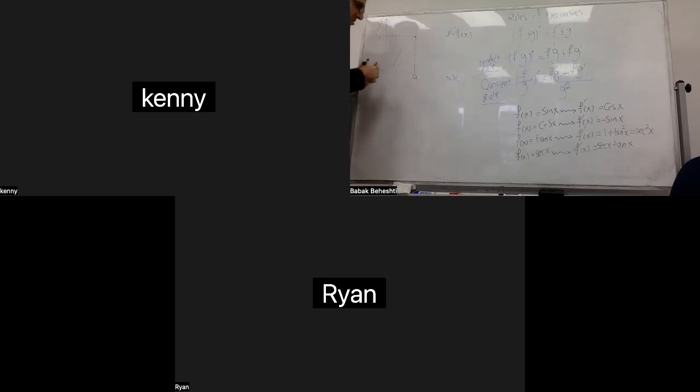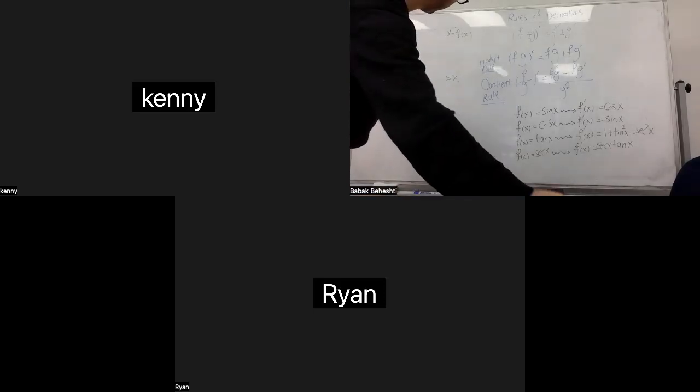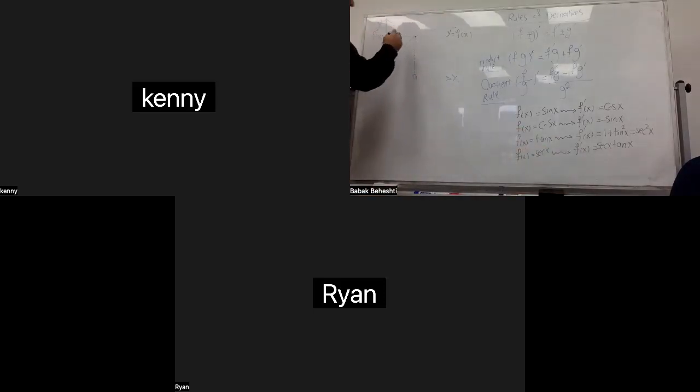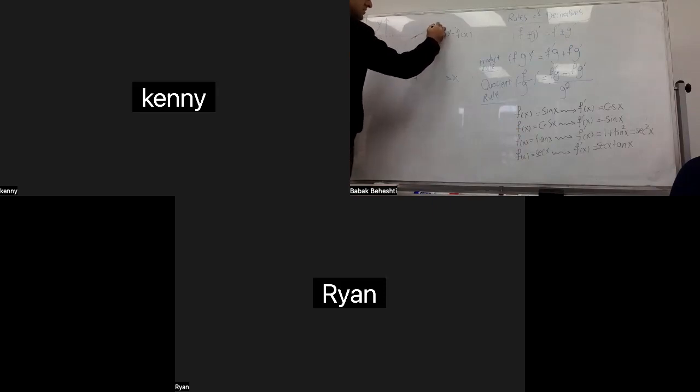Okay, so the tangent line is this line. This is the tangent line. Say L. L is the tangent line.